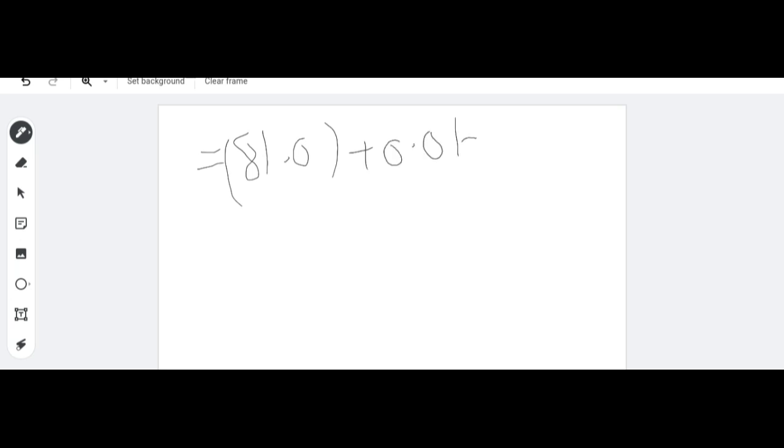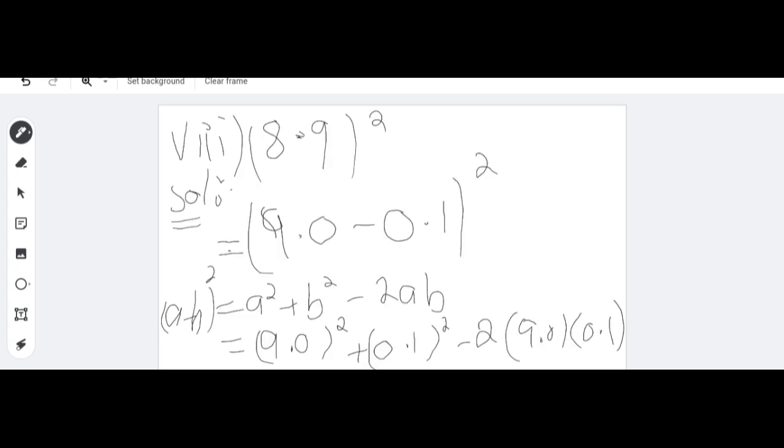And for the minus part, now I have to multiply 2 with 9.0 with 0.1.